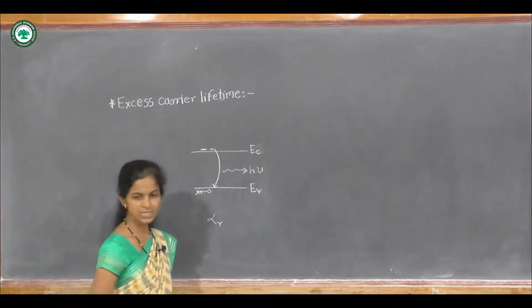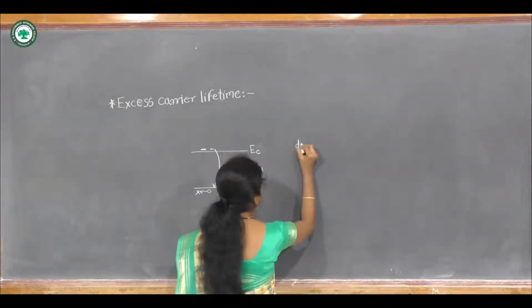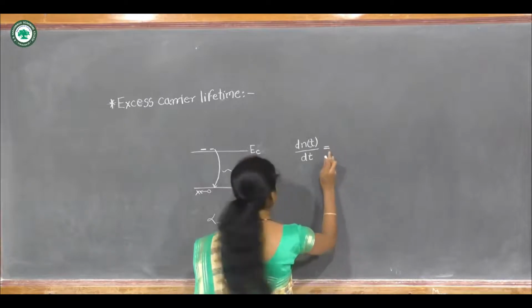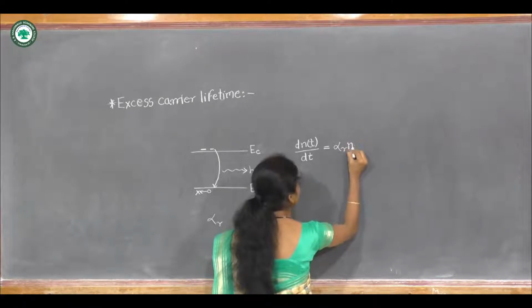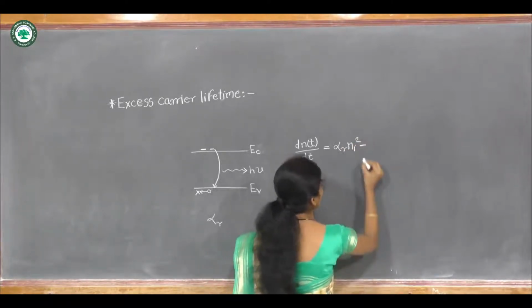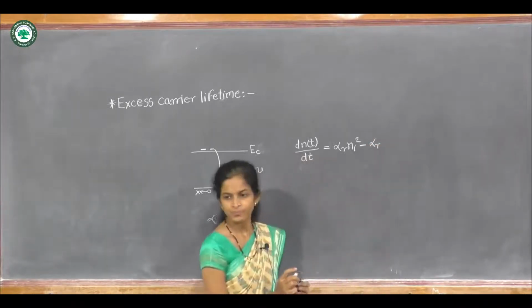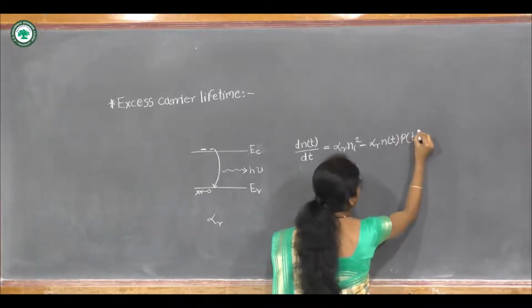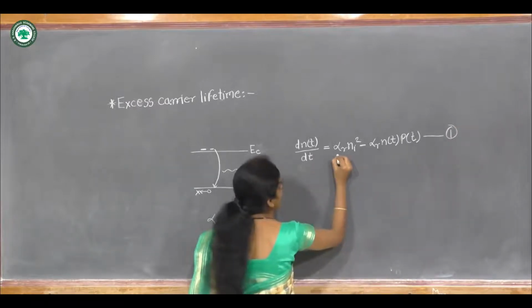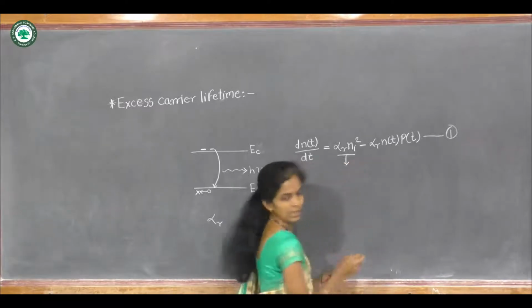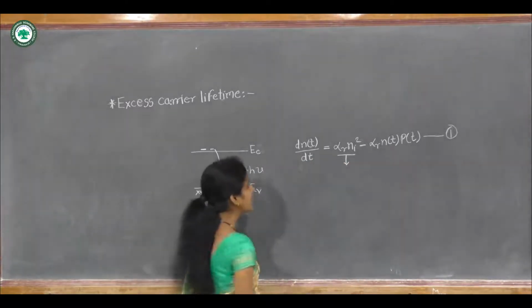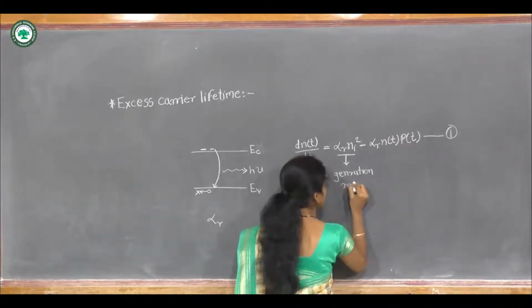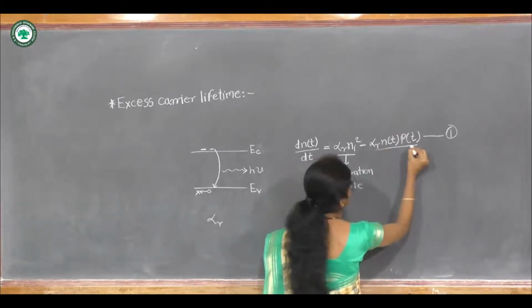So the net rate of change in conduction band electrons is given by dn(t) by dt, which is equal to the thermal generation rate, alpha r into ni square, minus the recombination rate, alpha r into n(t) into p(t).